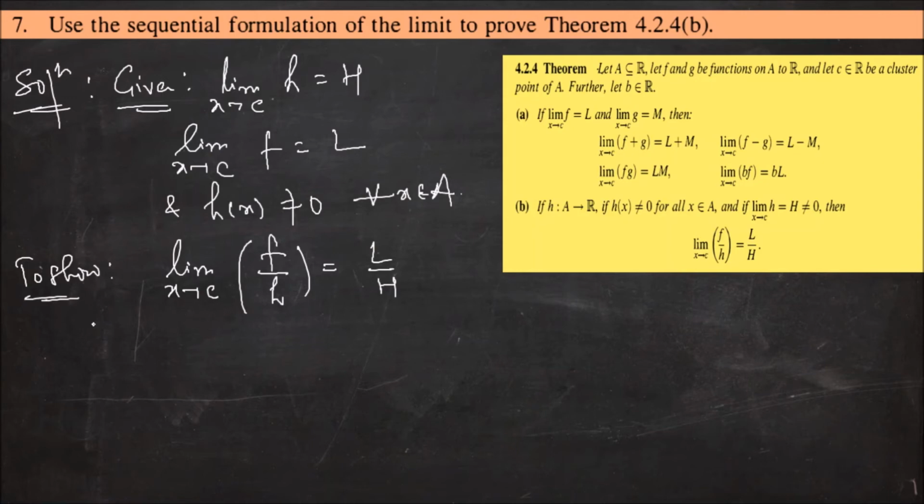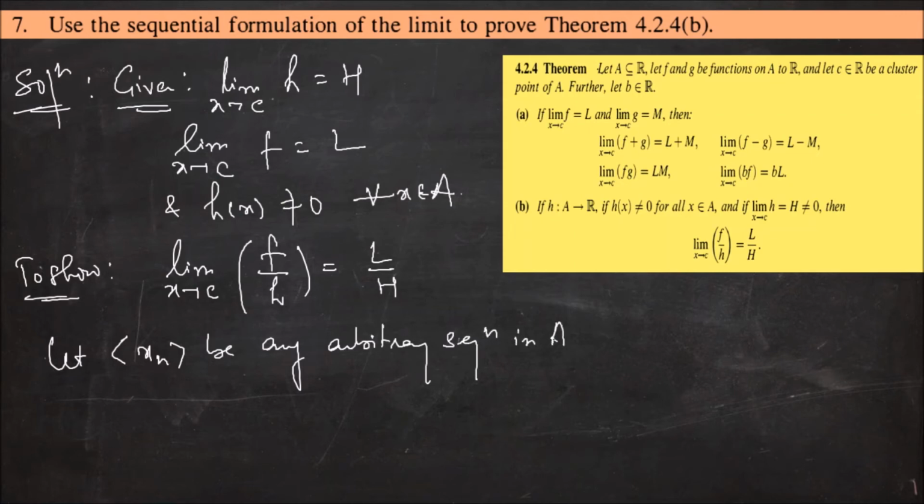So what we will do, we will take any arbitrary sequence xn in A such that xn converges to c, and we will show that (f by h)(xn) converges to L by H, and that will prove this result.